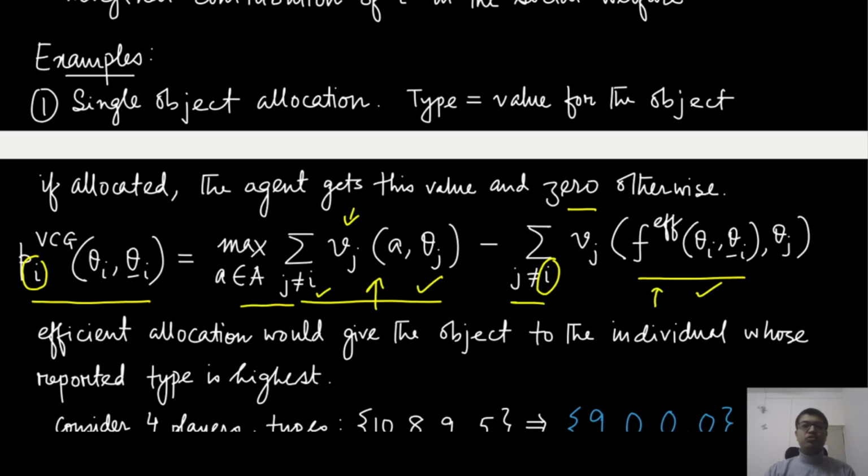So this difference will be equal to 0. The interpretation is that if I is not the winner, his VCG payment will be equal to 0. So if the agent has the highest type for this object, he is asked to pay the second highest bid. The people who do not win the object pay 0. That is precisely the second price auction.